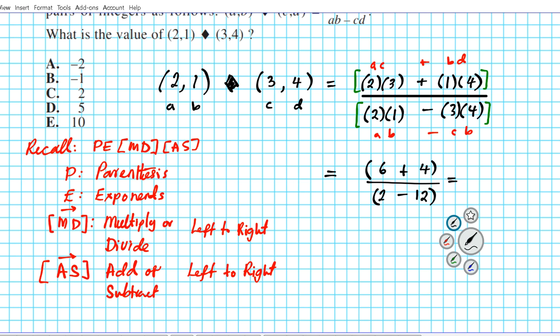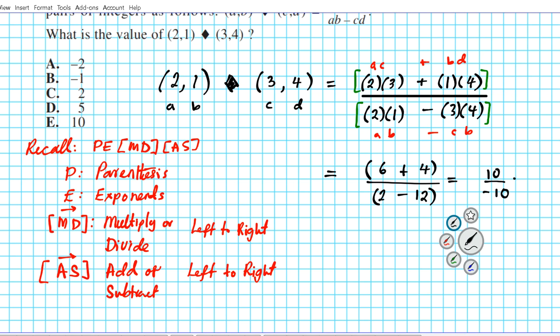Now, are we dividing first, or are we going to add and subtract first? We have the addition in the parentheses and the subtraction in the parentheses, so following the order of operations, we do the operations in the parentheses first. So 6 plus 4 is 10, divided by 2 minus 12, which is negative 10.